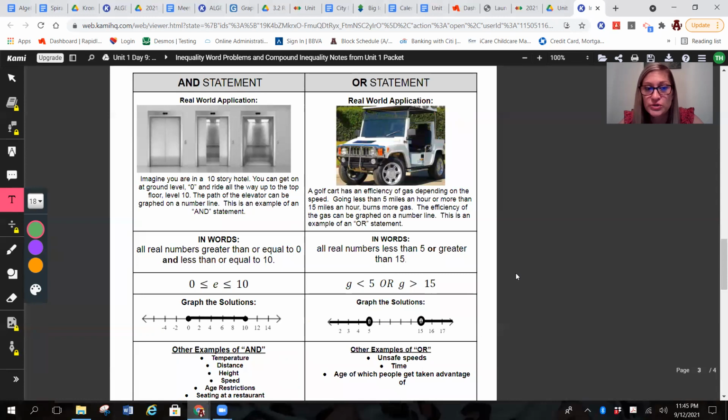To graph the solutions, we put a solid dot on 0, because you could get on the elevator at ground 0, a solid dot on level 10, story 10, because the elevator can travel all the way up to the 10th floor, and a solid segment connecting these two because the elevator path can go anywhere in between 0 and 10. Now, in real life, people are not going to get off of the elevator unless it's at floor 1, floor 2, floor 3, and so on.